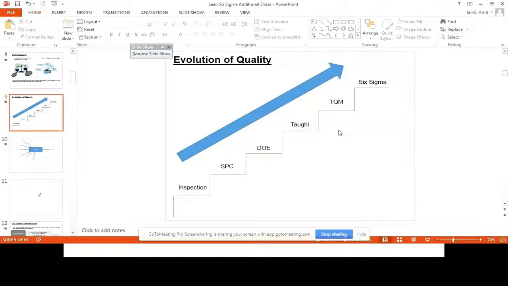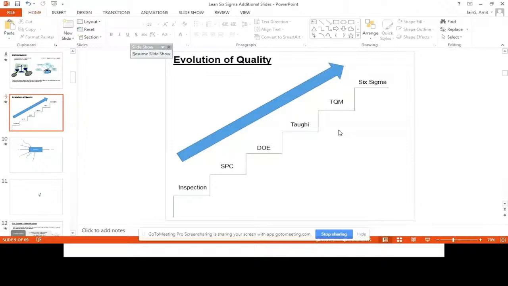So companies started to leave these aside. Then, of course, there was a big problem that came about. People started exploring how do we change things, and more importantly, how do we impact the bottom line? That is when Six Sigma came along.